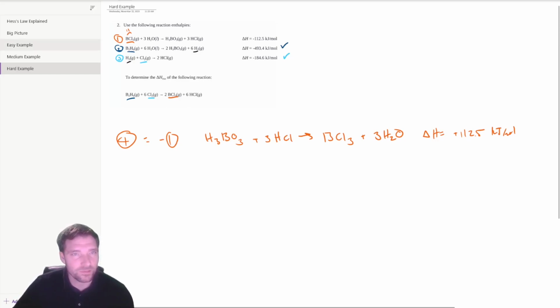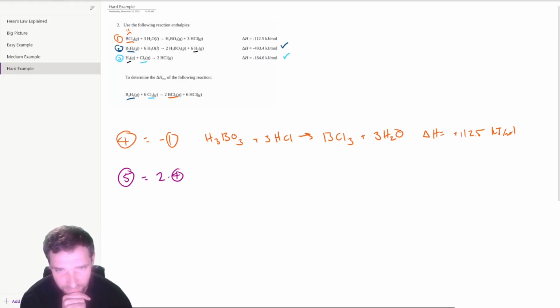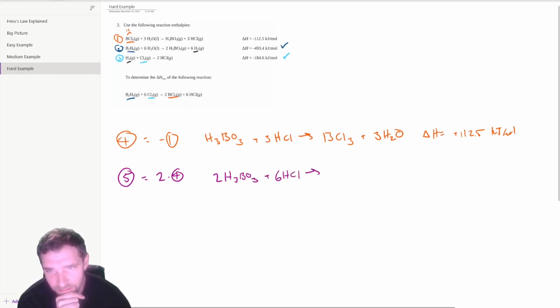But I'm going to want to multiply that by 2. So if I look at this, I'm going to say line 5 is equal to 2 times line 4. So we're going to just double everything. And that works out pretty good. And it actually should cancel out some other stuff in our other reactions here kind of nicely.